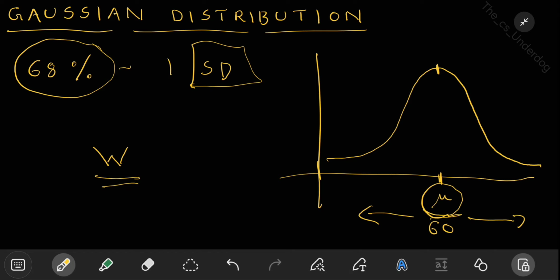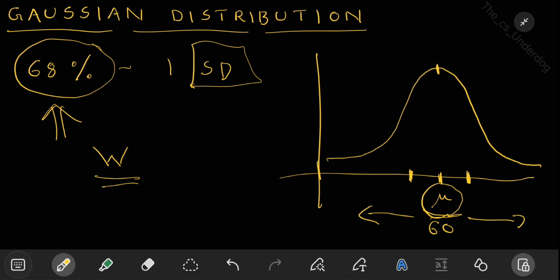So what does it mean when I say that 68% of the total data is within one standard deviation from the mean? That means if you move one standard deviation to the right and the left, you will be able to cover 68% of your total data.